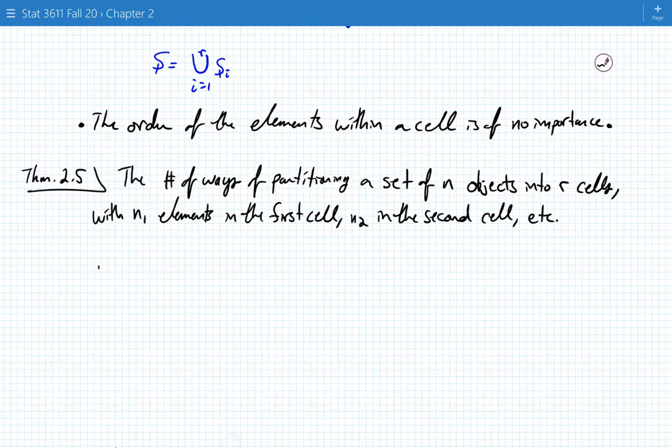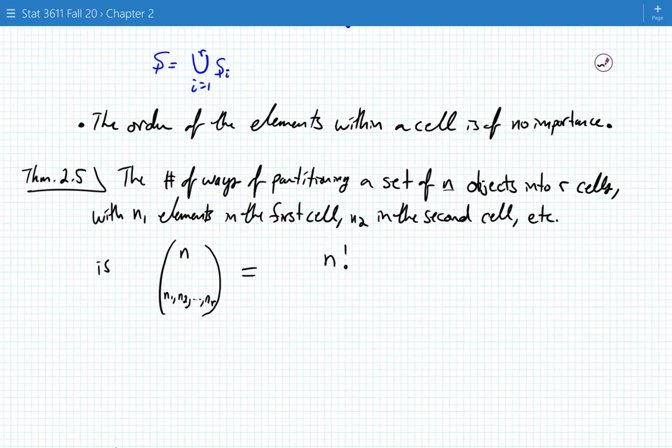We have some notation here. This is not nPr, but it's going to have these giant parentheses. Our n is the number of total objects, and then we have n1 elements in the first cell, n2 elements in the second cell, and so on, all the way to n sub r elements. What does this symbol mean?